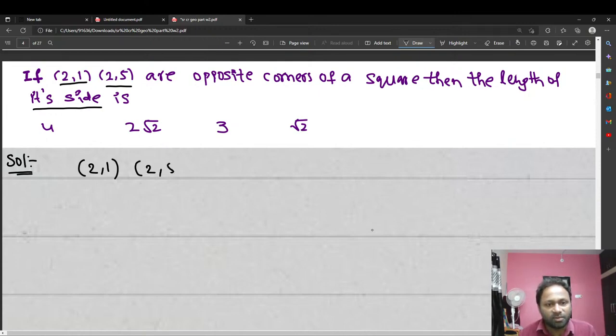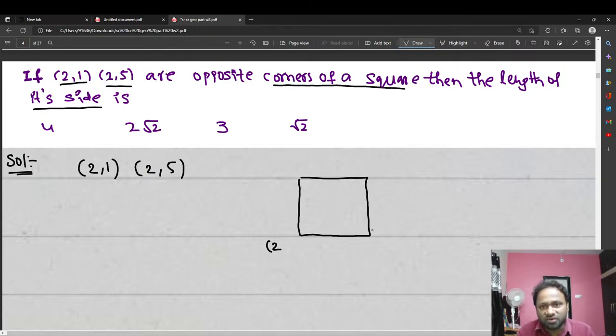Ordered pair (2, 5), two ordered pairs given, right? So this is the square I will take. Okay, square I have taken. In this, 2 points are given as opposite corners of the square.